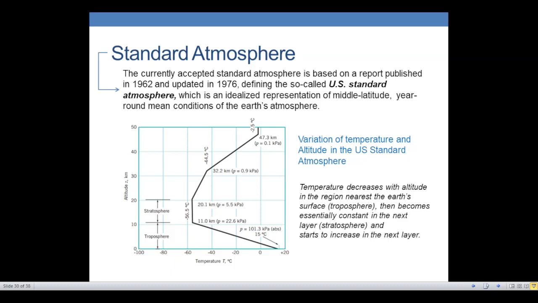So, it is shown that from the surface of the earth, as we move towards 10 kilometers, that is actually the troposphere. Okay? So, the pressure is changing. The pressure is diminishing.